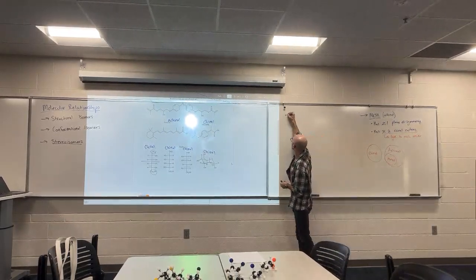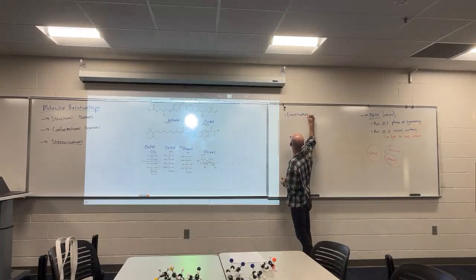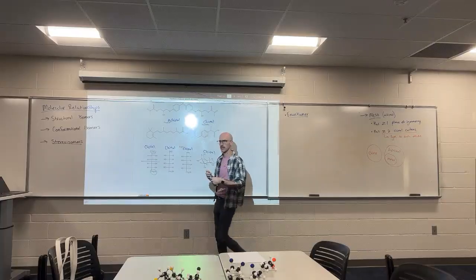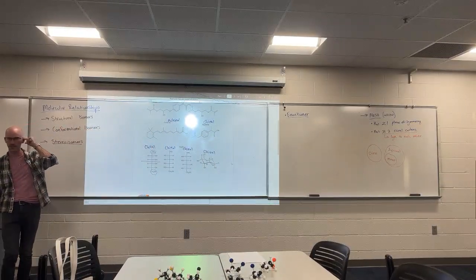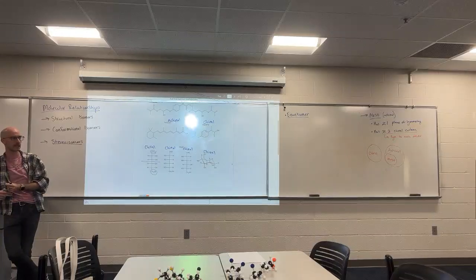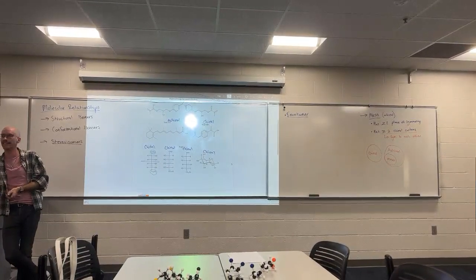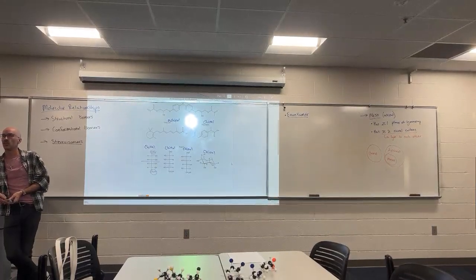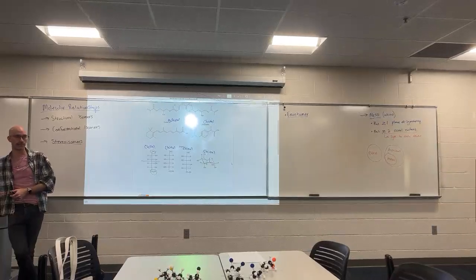The first stereoisomer I want to talk to you about is the enantiomer. Once again, I actually don't know the etymology of this word, so I'm not sure why they picked this. Because this is another place where handedness would have come in handy. No pun intended. Your hands are enantiomers of each other.